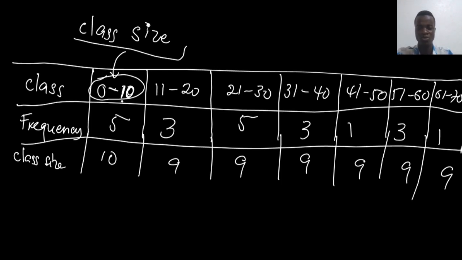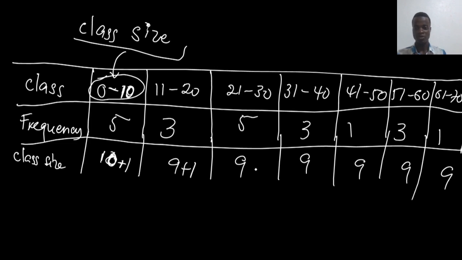But what we have now is not yet the class size. We haven't gotten that, because we are trying to find the class size from the class limits, not class boundary, right? If you are doing that from the class limit, watch the previous video to understand class limit. What you do is take the difference between the upper class limit and the lower class limit, then you add 1 to it.